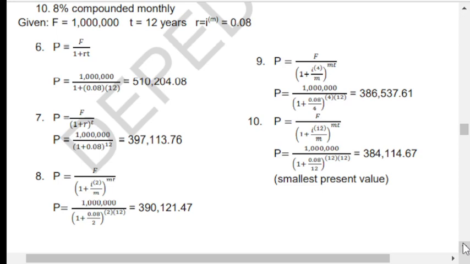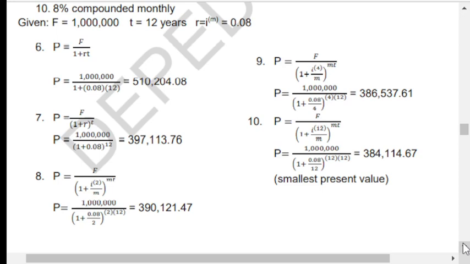So we have 0.08 divided by 4, and then it's 4 times 12, which is 48. So the answer is 386,537.61.